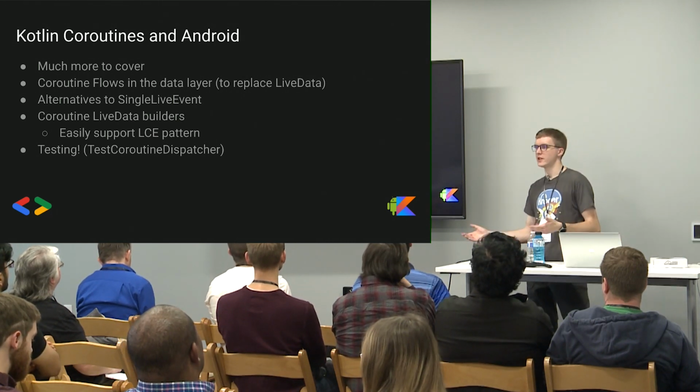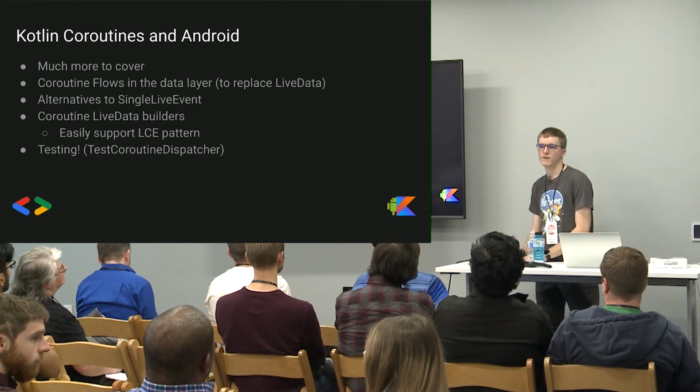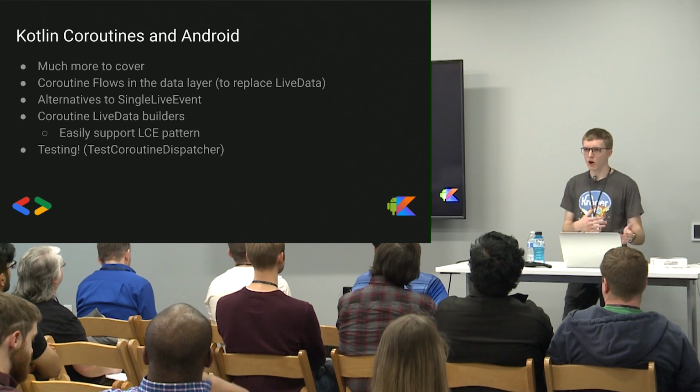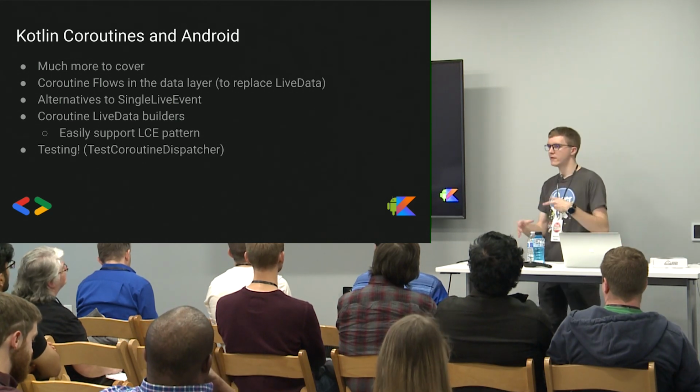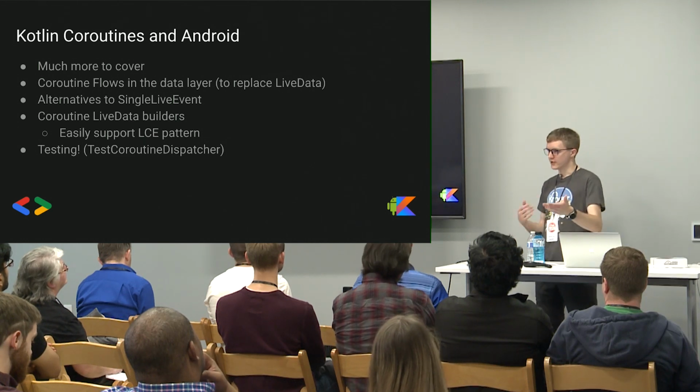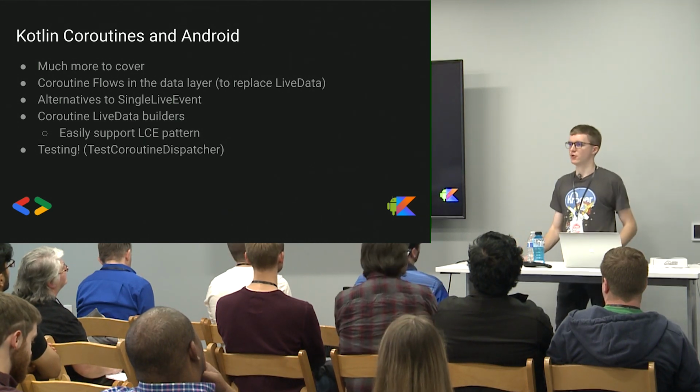So, support inside the Room database for returning Flows instead of LiveData. And alternatives to the single live event use case where you want your ViewModel to, for example, send navigation events to your view.